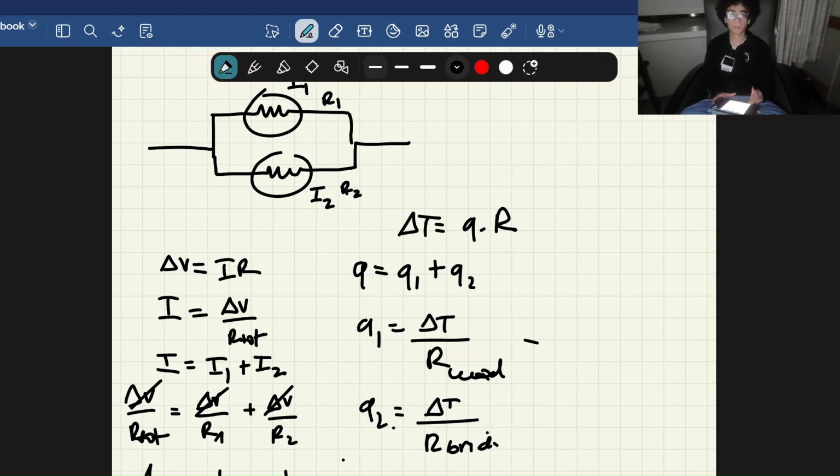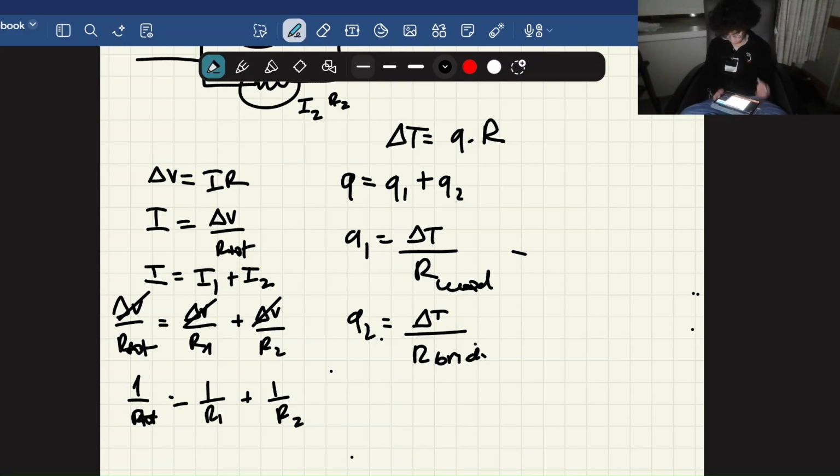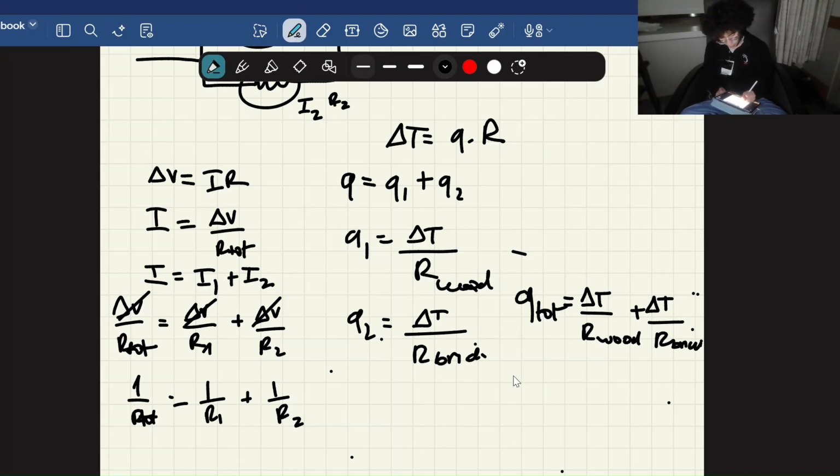So learning from the parallel rule, Q total is going to be delta T over the resistance of the wood plus delta T over the resistance of the brick. So Q total, we know, is equal to delta T over R total.